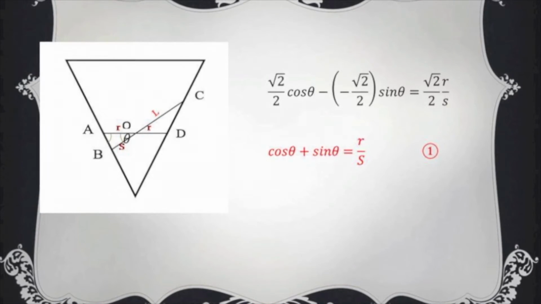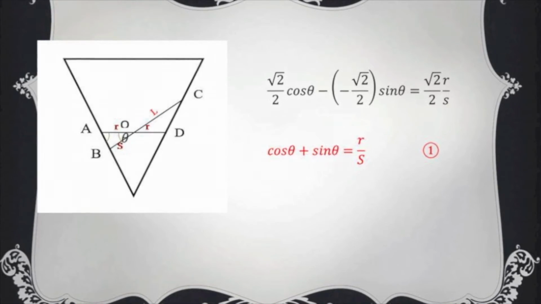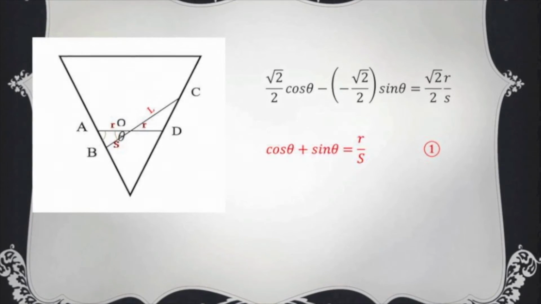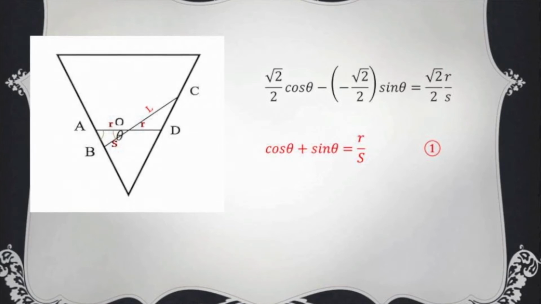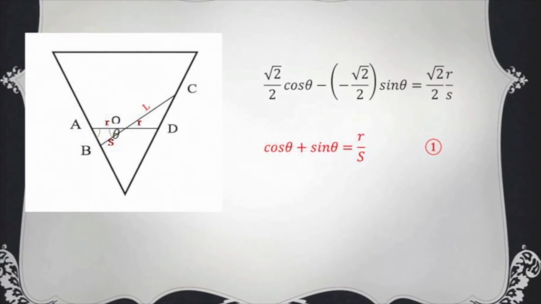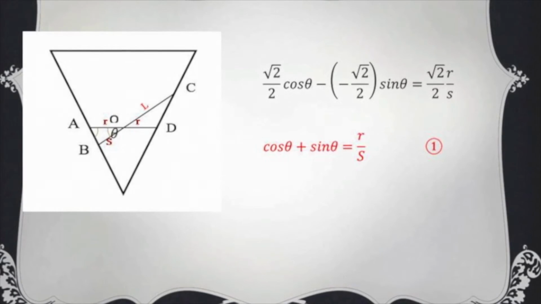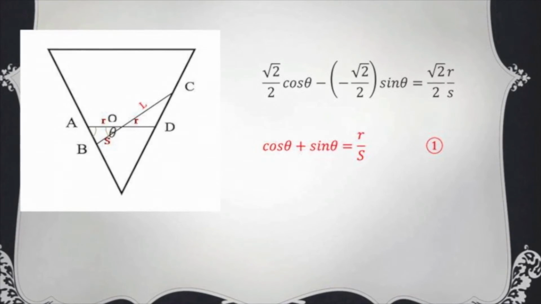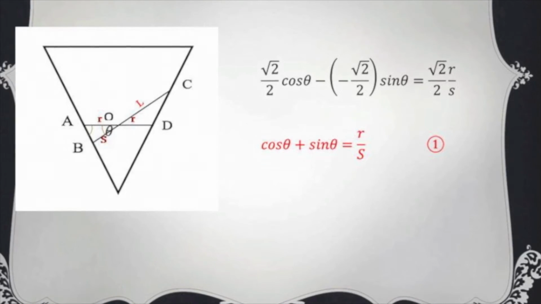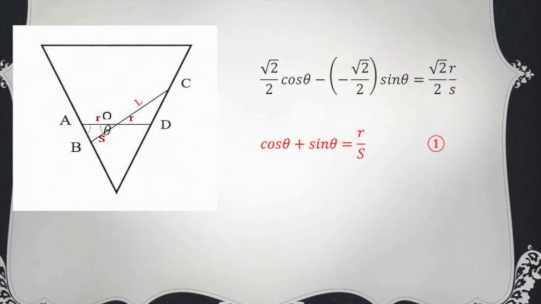So root 2 over 2 cosine theta minus root 2 over 2 sine theta equals root 2 R over 2S. From this equation, we know that cosine theta plus sine theta equals R over S. And then we label it as the first equation.